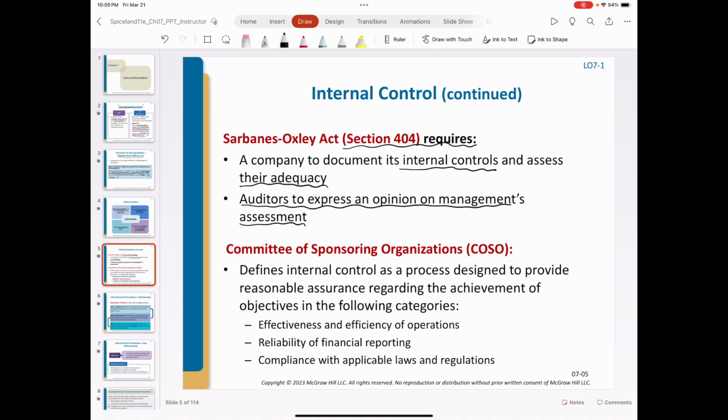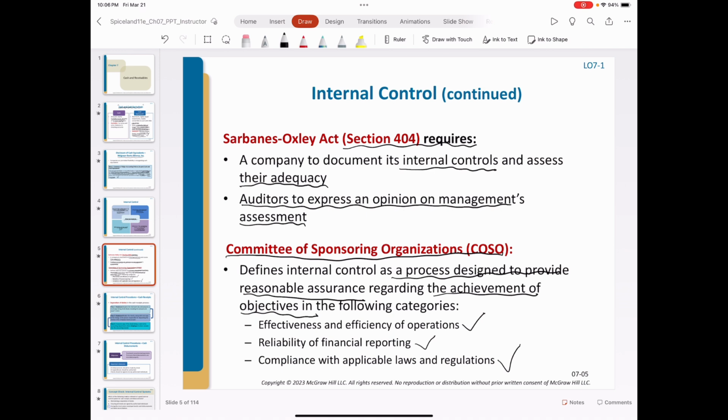COSO, the Committee of Sponsoring Organizations, also defined internal control as a process designed to provide reasonable assurance regarding the achievement of objectives. Those objectives are effectiveness and efficiency of operations, reliability of financial information, and compliance with laws and regulations.